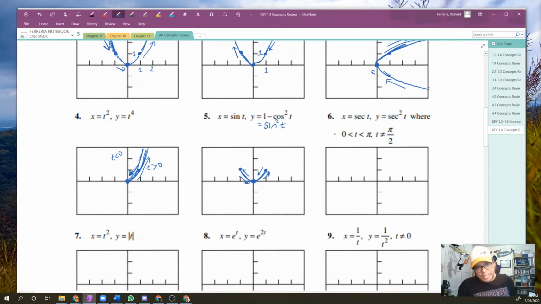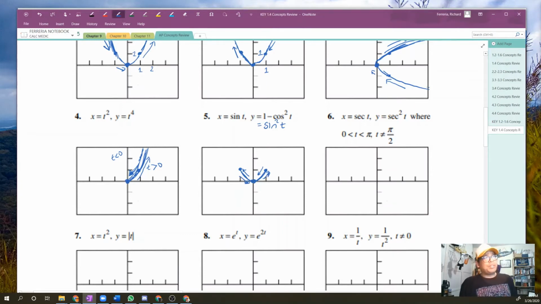Let's look at number 6. This time they're telling us that t is only between 0 and pi, and it's never equal to pi over 2. So those are some really interesting restrictions that we're going to have here, probably related to the secant function, which is related to the cosine function. So what happens when t equals 0?